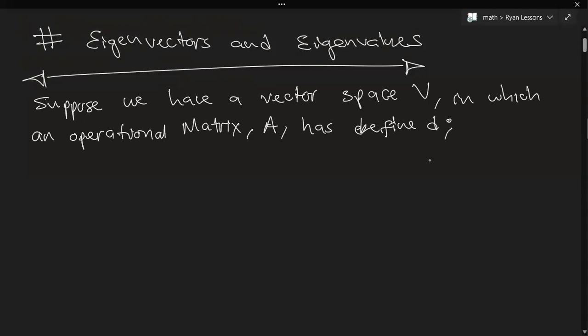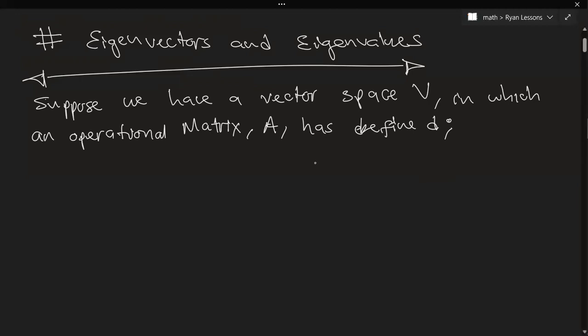So suppose we have a vector space V in which an operational matrix A has been defined on it. So there is one way of introducing the language of eigenvectors or eigenvalues. Many people do it differently. Me, I'm going to use a different approach, but still the same definition.